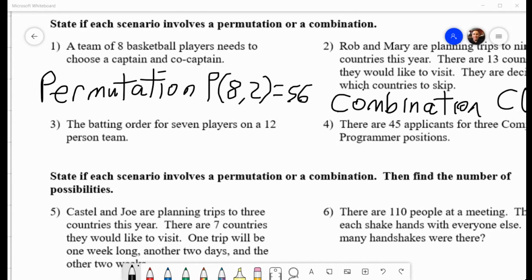Yeah, of course it does, right? The batting order is going to make a difference. Well, since order matters, that tells us we have a permutation. Let me write that down now.